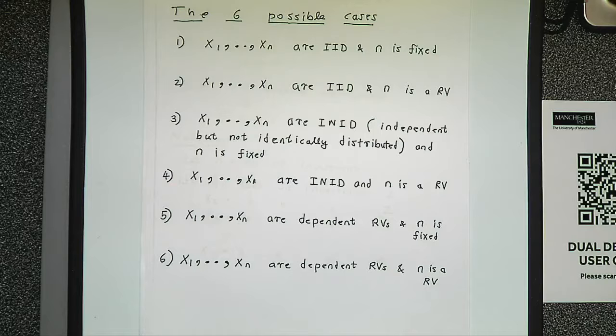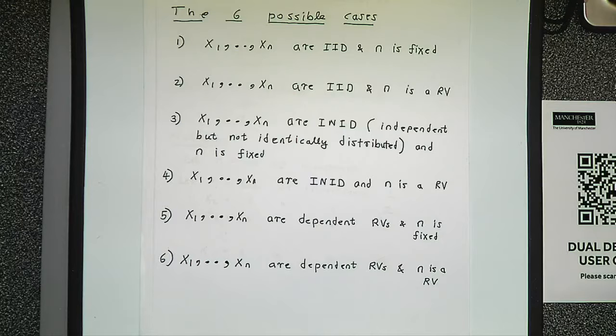The fourth is the same, but with the number of investments a random variable. The fifth is where the losses are dependent random variables and the number of investments is fixed. And finally, case 6 is where the losses are dependent and the number of investments is a random variable.